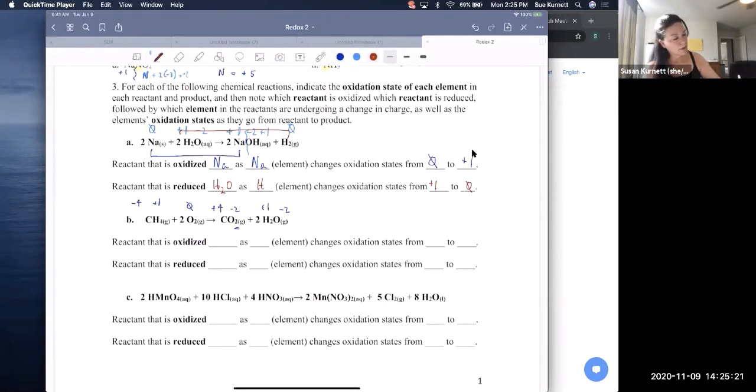So carbon went from -4 to +4. And then oxygen went from 0 to -2, either here or there. So it was reduced.